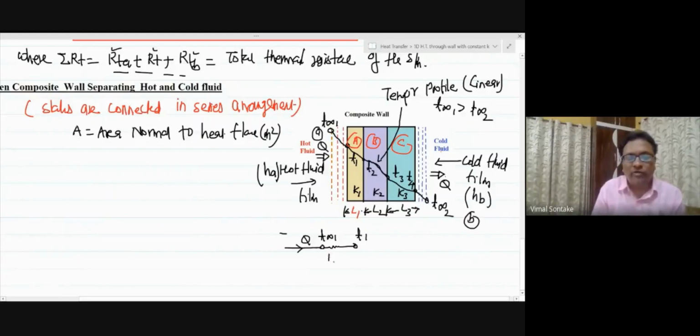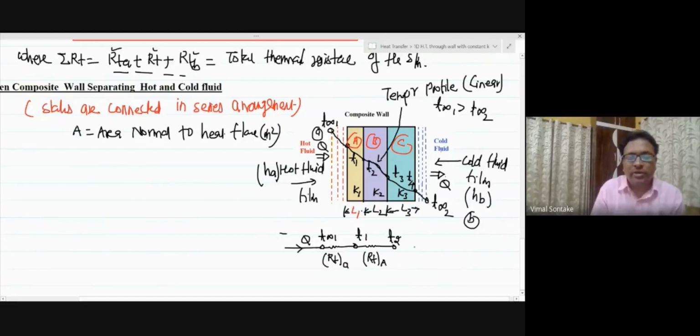The hot fluid film will offer one convective thermal resistance represented by RTA. Second potential difference will be the temperature difference between the walls of slab material A. It will offer thermal resistance by conduction, RTA.